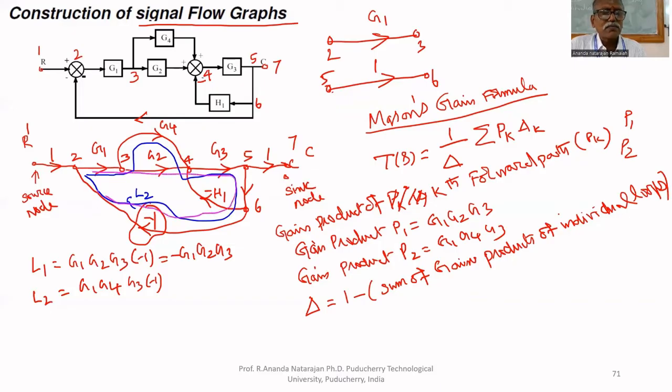The third loop is 4, 5, 6. L3 equals G3 times minus H1, because H1 is in minus. Gain of 5 to 6 is 1.